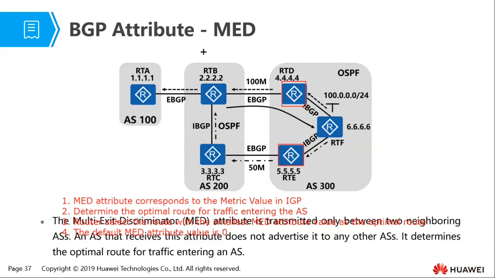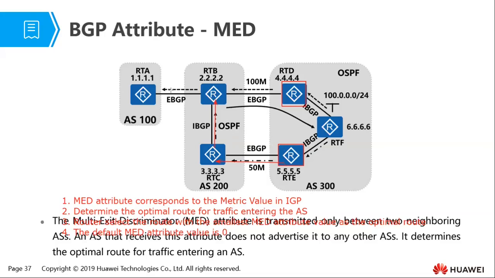Then we apply a routing prefix to identify the traffic, and we also apply a routing policy to apply that particular MED, so that when this network is advertised to RTB, it's going to have a higher MED value.